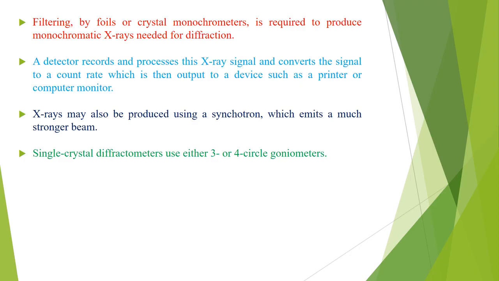X-rays may also be produced using a synchrotron, which emits a much stronger beam. Single crystal diffractometers use either a 3 or 4 circle goniometer.